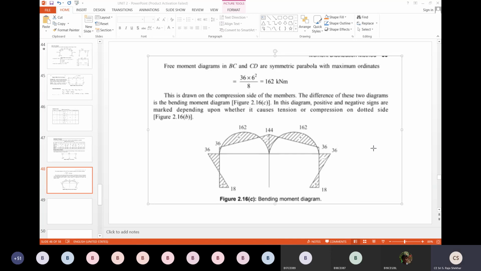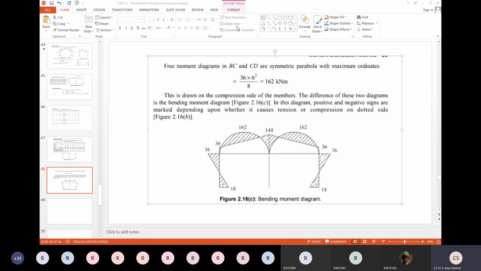These are the two frames. First, what we need to do is draw the end moment diagram.